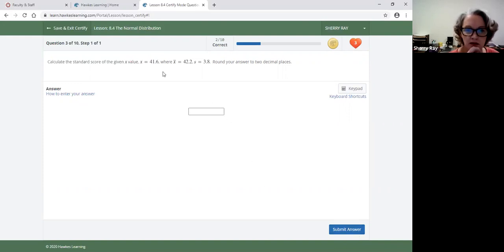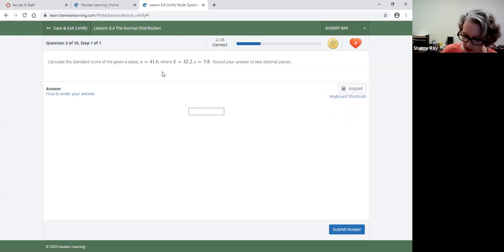This is another one. We're going to basically put in our formula. On this one, I have 41.6 as my data point, minus 42.2, over 3.8.